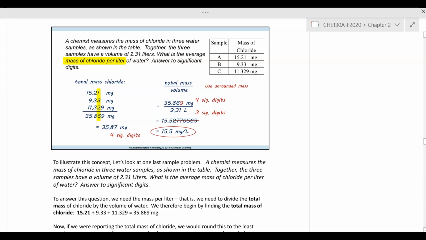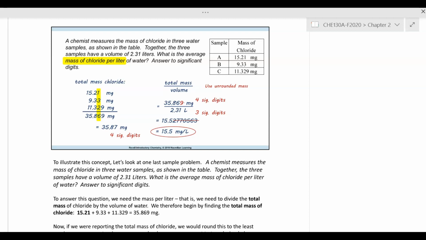So here is an example of a set of measurements, and based on those measurements, we can come up with an average value, and we are told that all the 3 samples have 2.31 liters. So this is the total mass, 35.869, and the total volume we're dividing by to get the volume per liter.